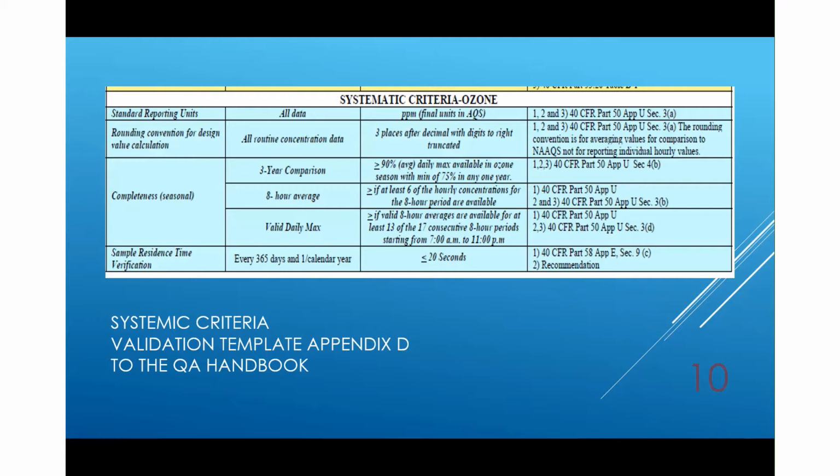Although not the source of immediate invalidation of data, systemic criteria should and must be met for compliance with other sections of the Federal Register. Failure to meet systemic criteria may affect daily operations, impact data use, data reporting, siting, and sample handling, to name a few examples.